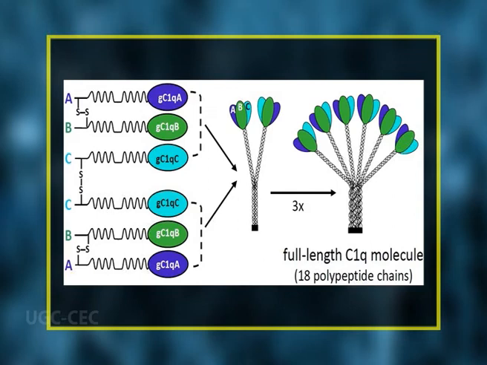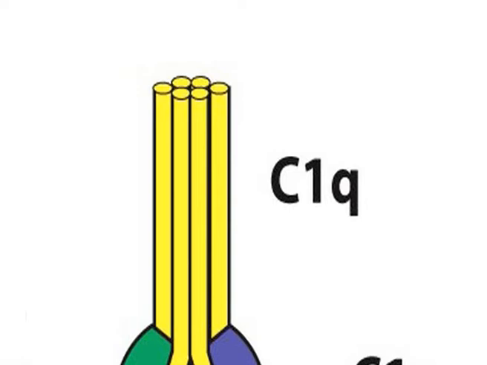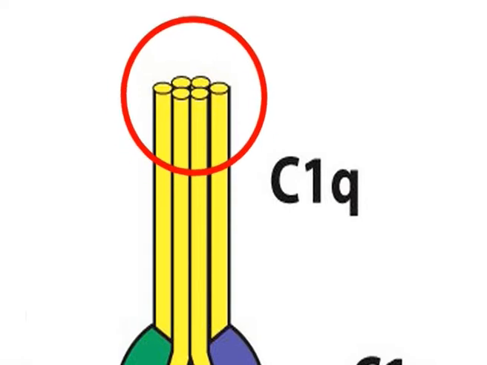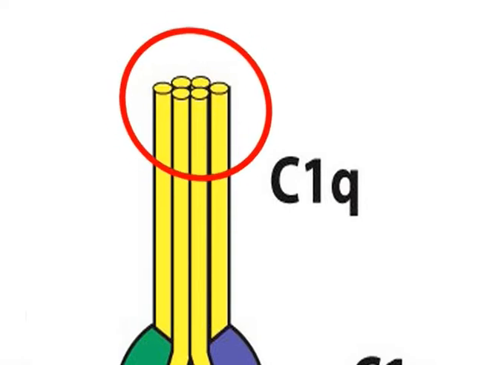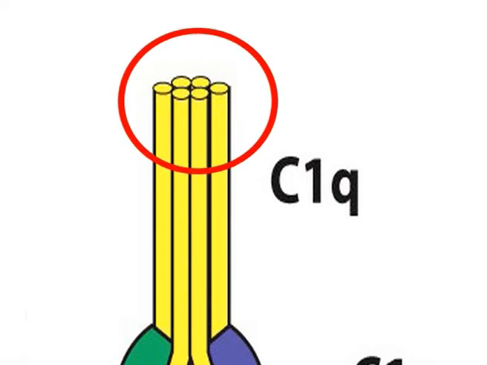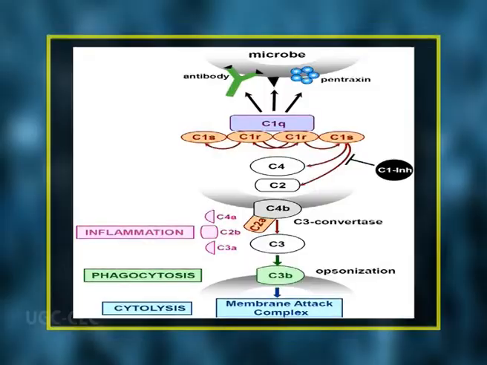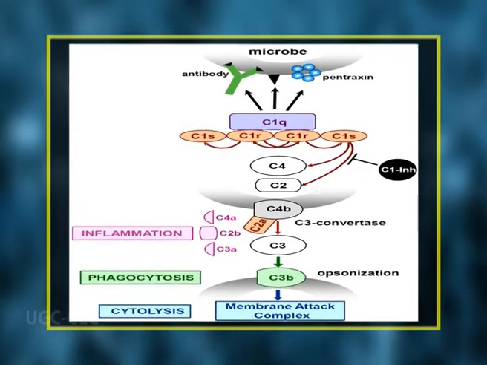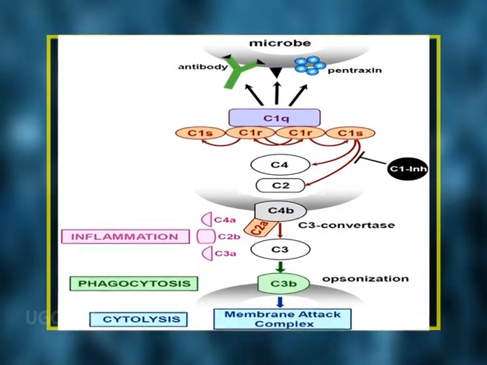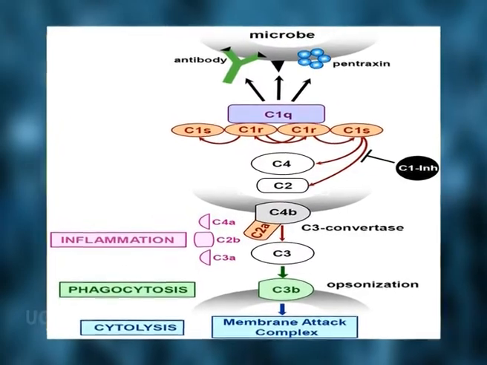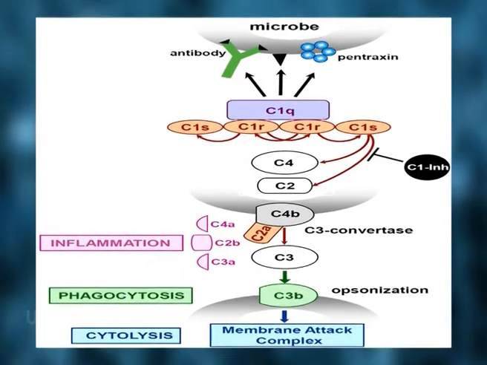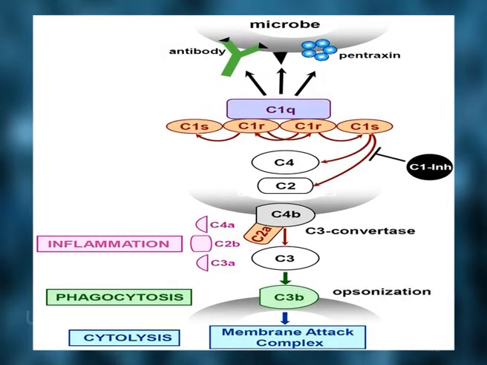The C1q molecule is composed of 18 polypeptide chains that associate to form six collagen-like triple helical arms, the tips of which bind to the exposed C1q binding sites in the CH domain of the antibody molecule. Each C1r and C1s monomer contains a catalytic domain and an interactive domain. The latter facilitates the interaction with C1q or with each other.